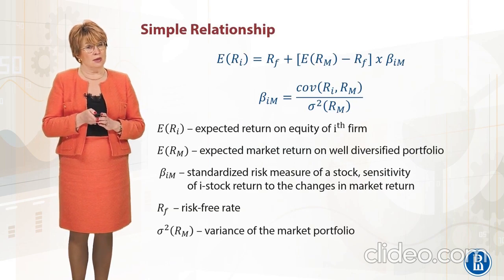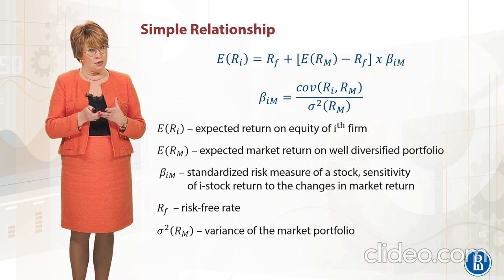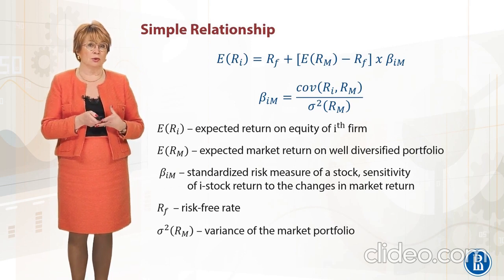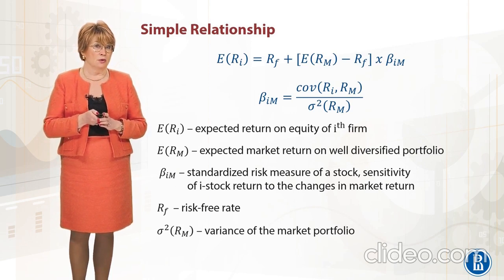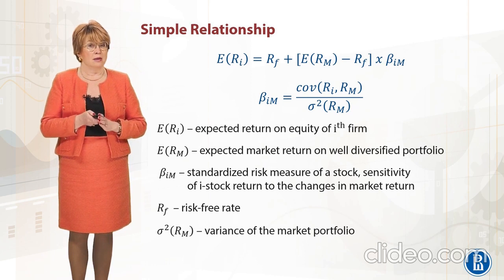So what is the asset pricing model shown here? This is the capital asset pricing model, or CAPM. So we see from the first equation that the expected return of some company I is comprised of two different components.